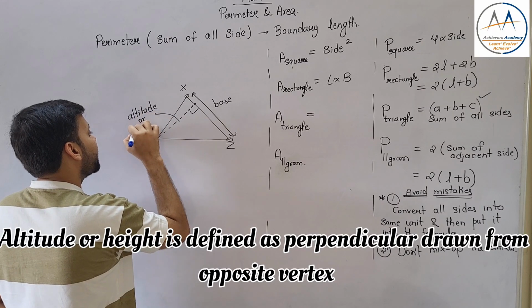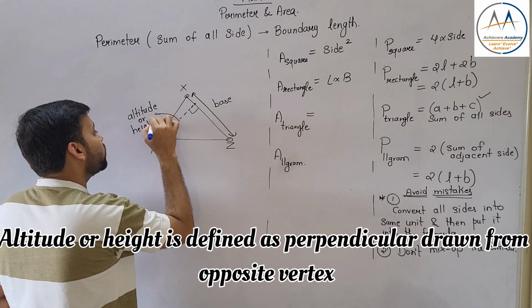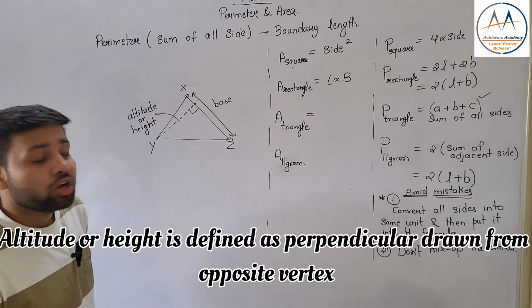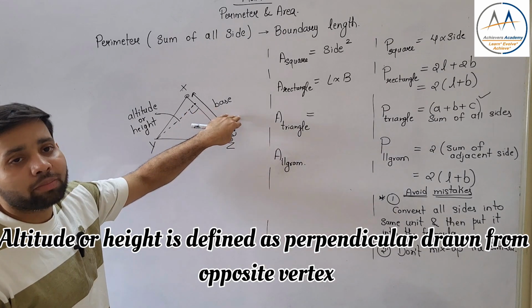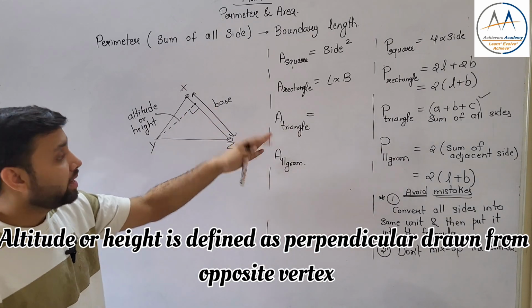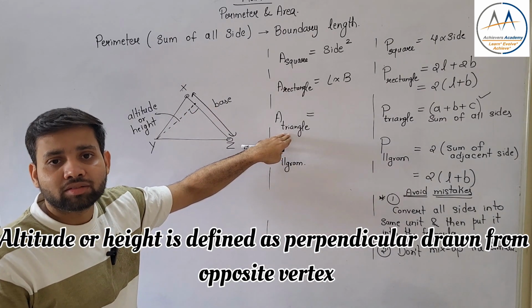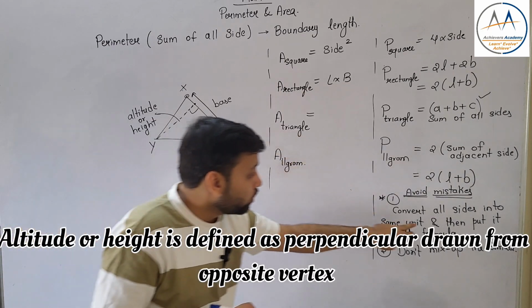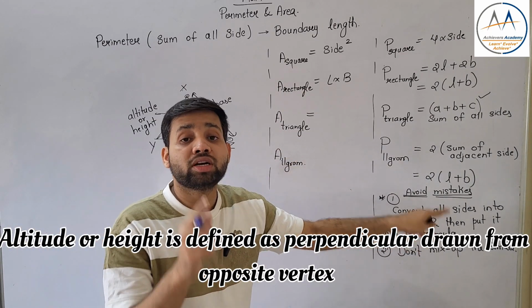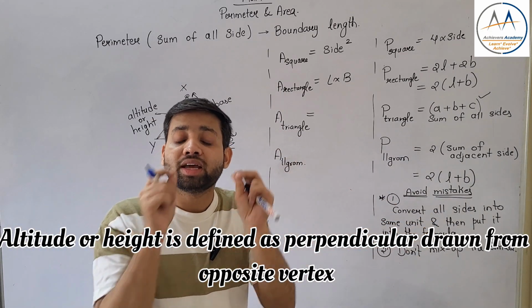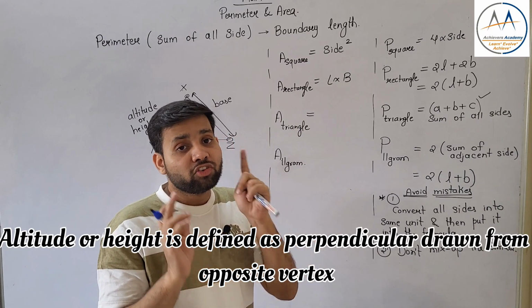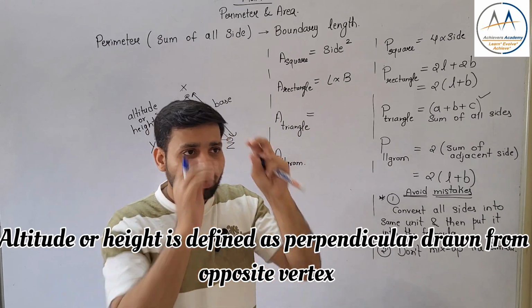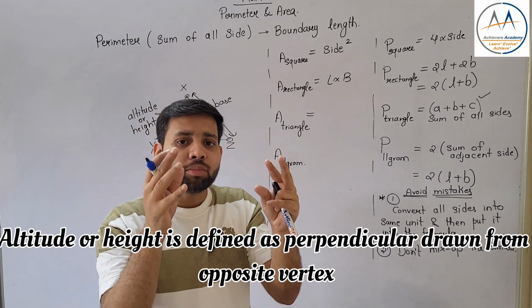Now they might give you the height or altitude in the question, or they might give you the base and the area of the triangle and ask you to calculate the height. Again, don't forget to convert everything into the same unit and then solve. First rule, write what is given in the question, visualize the formula.